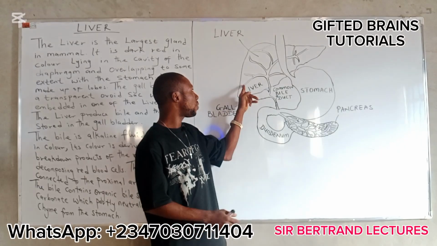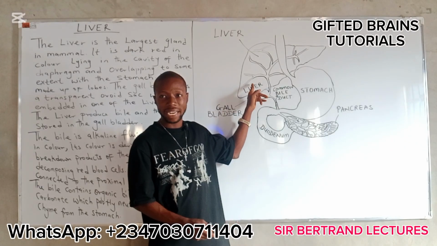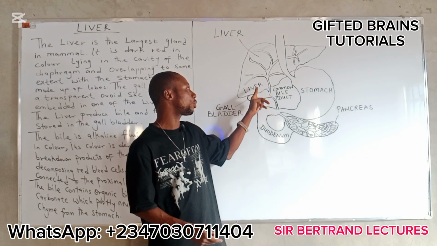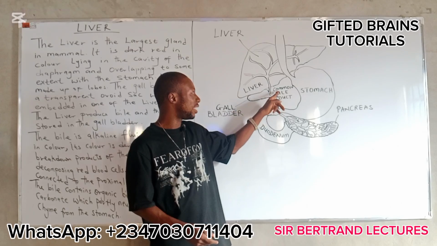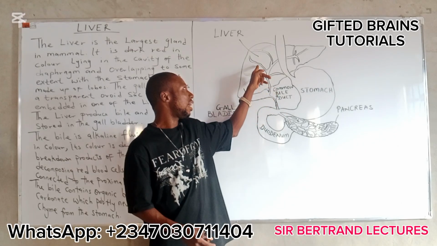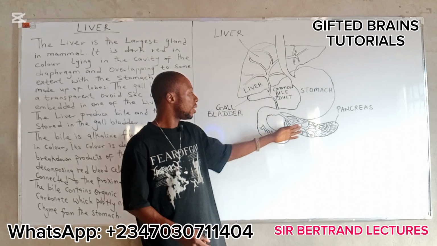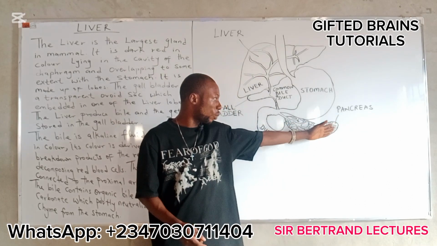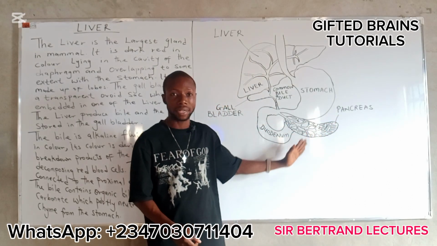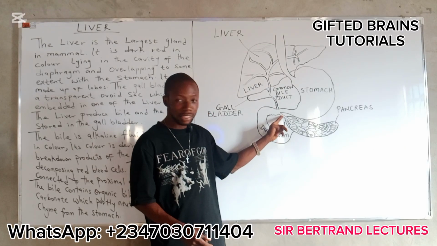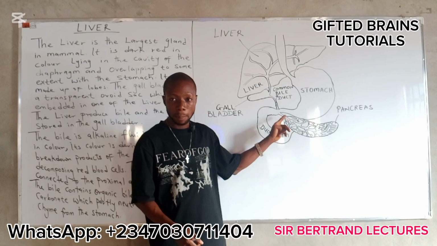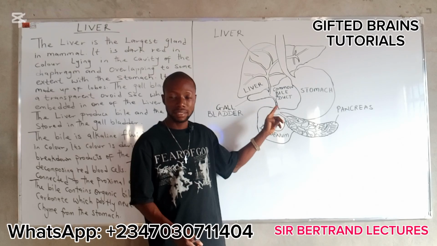The liver here is an exocrine gland that possesses ducts, the common bile duct and hepatic duct. The pancreas as well can function as an exocrine gland because of the presence of ducts.